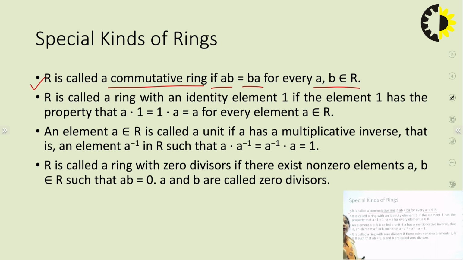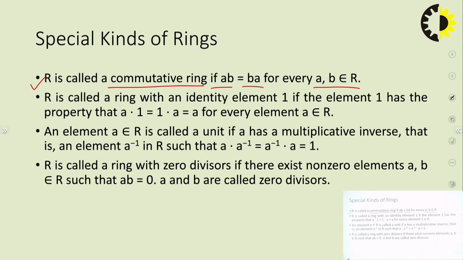Second is a ring with an identity element 1. Now we are talking about multiplicative identity. The additive identity must be there. It is a ring if the 0 element is present. What is the 0 element? That is the additive identity.